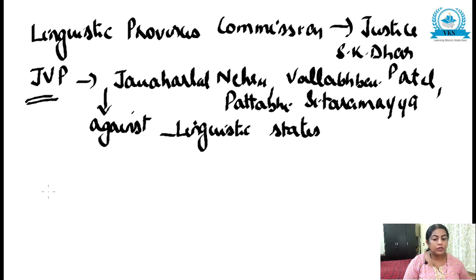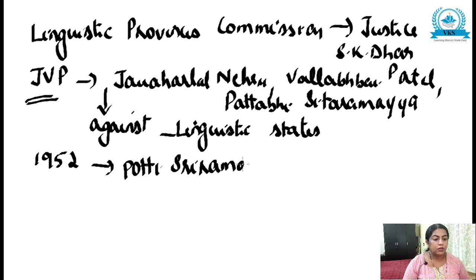So in 1952, what happened? In 1952, the popular freedom fighter Potti Sriramulu undertook a fast unto death. And what was his demand?